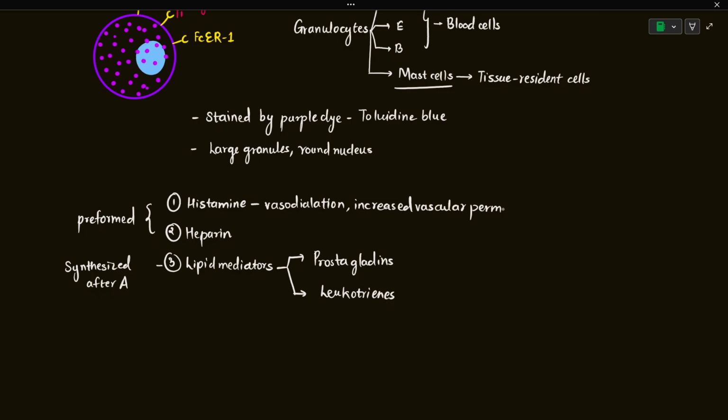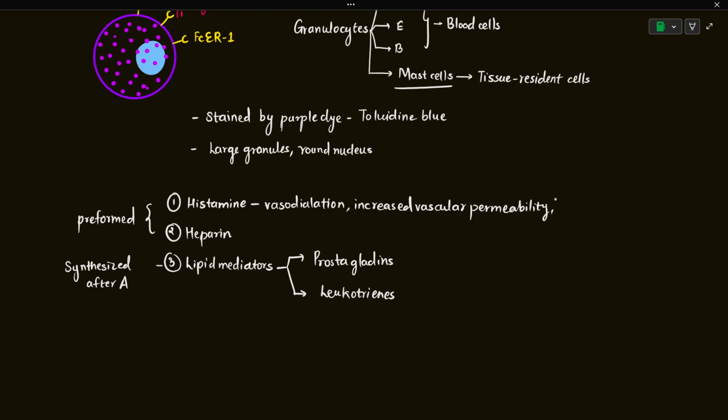Why is permeability increased? If the permeability of the blood vessel increases, the diapedesis or extravasation of immune cells from the blood vessels to the interstitial tissue becomes easier, and that is why we need certain mediators that increase the vascular permeability, and one of them is histamine.